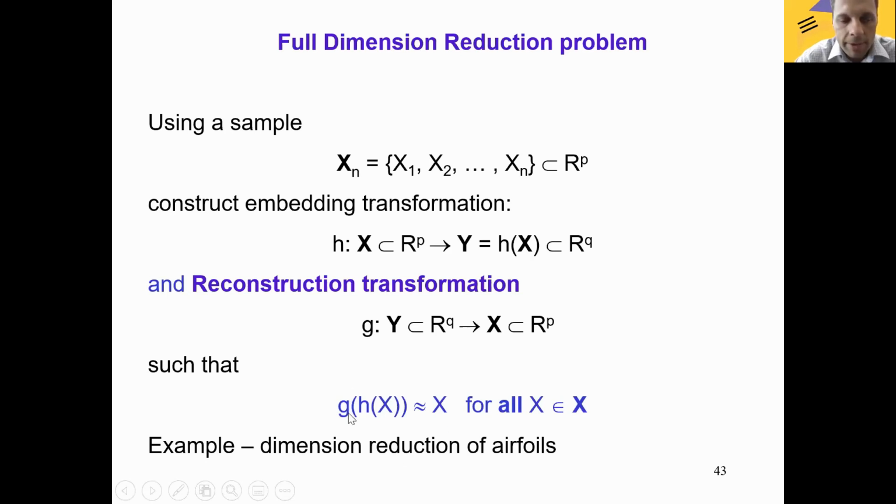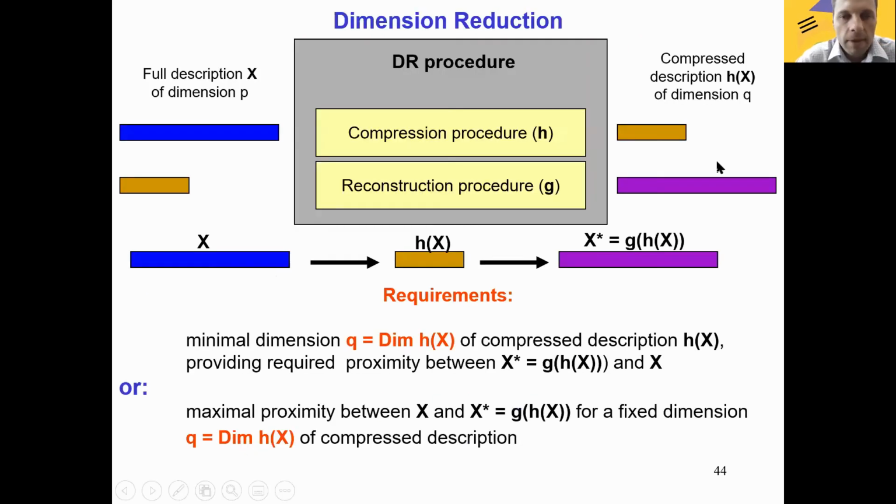So this requirement means that we will not lose a lot of information when we compress a vector x and reconstruct its initial value. Schematically, this can be represented as follows. We have a data reduction procedure.